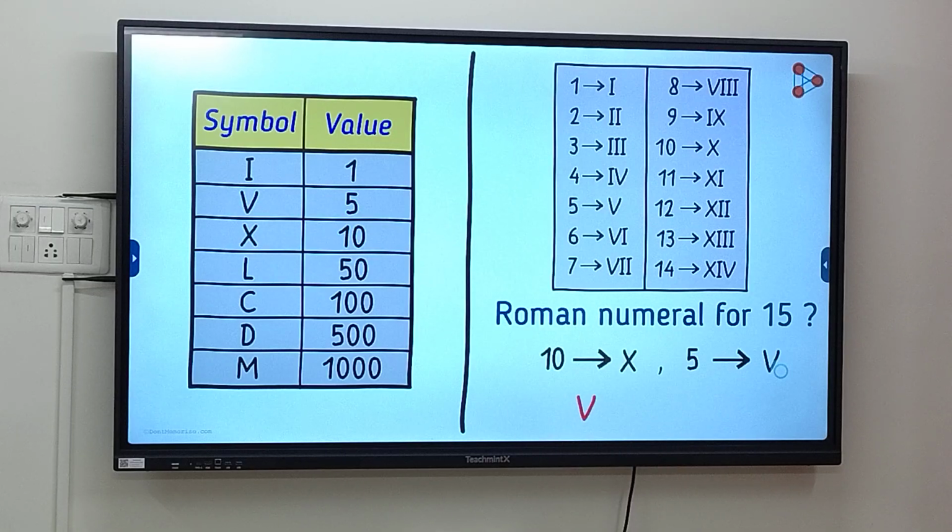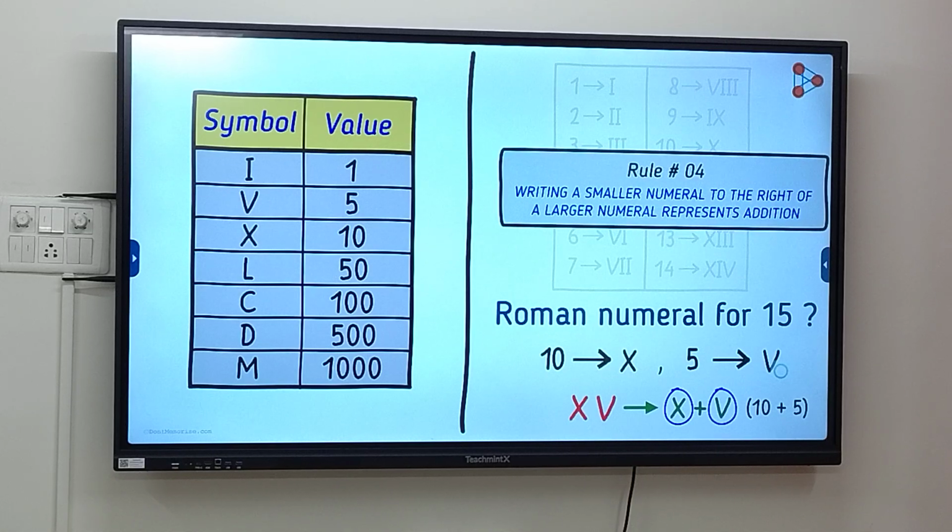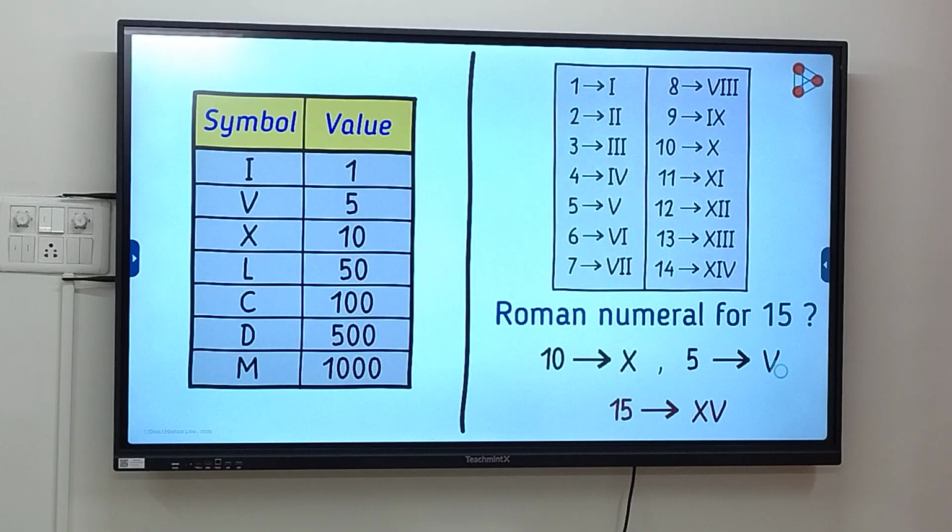We can write it to the right of the Roman numeral 10 like this to represent their addition. Can you tell me which rule we refer to for the addition of 10 and 5 in this case? Yes, it's this rule. With that, we get the Roman numeral 15. So 1 to 15 is done. Let's try out a few more examples in the range of 1 to 100.